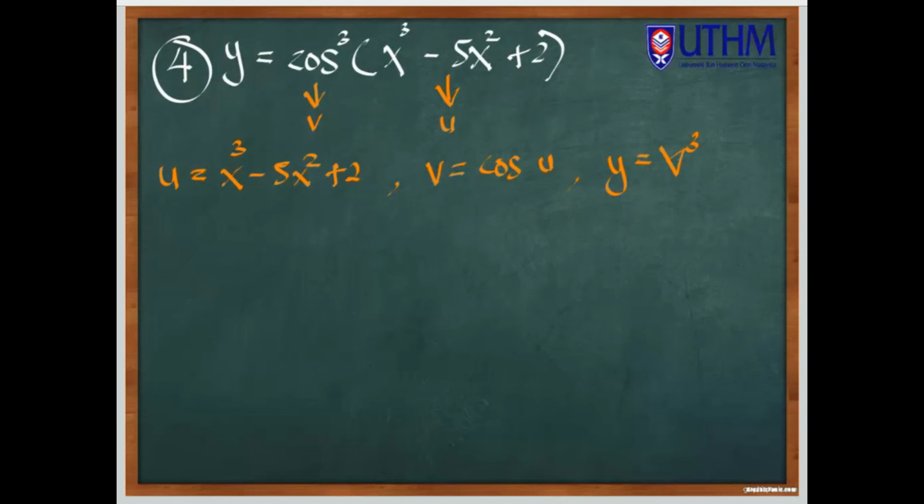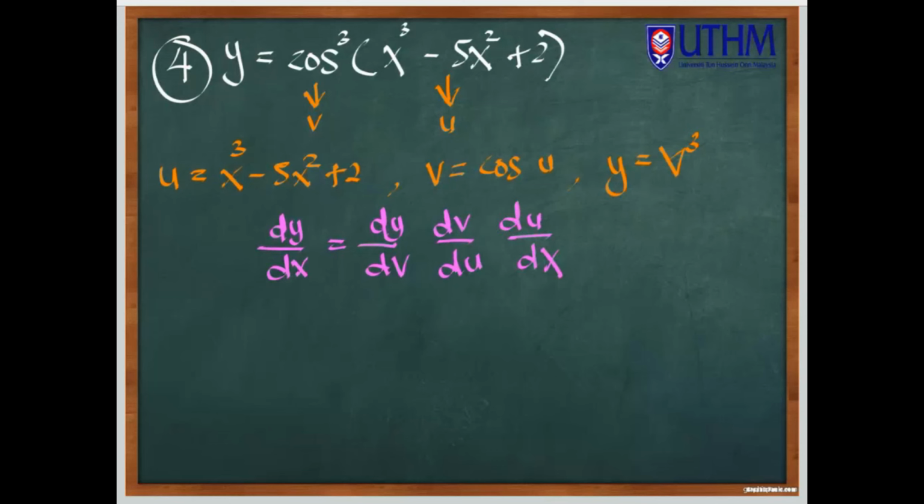Based on the chain rule, the formula will be dy over dx is equal to dy over dv times dv over du times du over dx. From the formula, we need to find dy over dv, dv over du, and also du over dx. So let's find them.